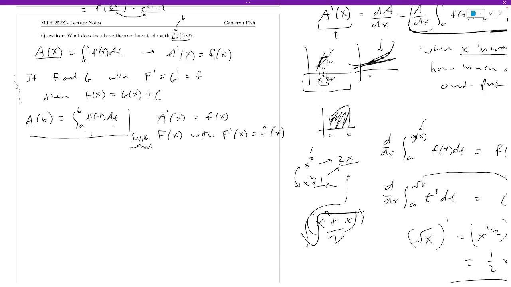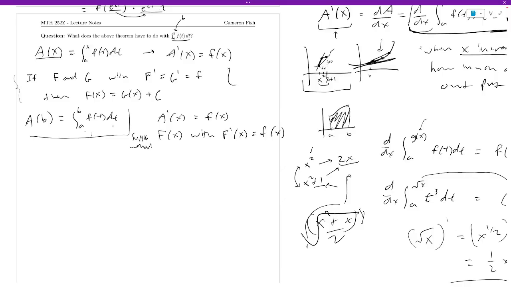So I know already, given my little f, that A is an antiderivative. Let's just imagine I had any other antiderivative, big F, just for the sake of argument. Big F is some function, big F prime is little f. Its derivative is little f.